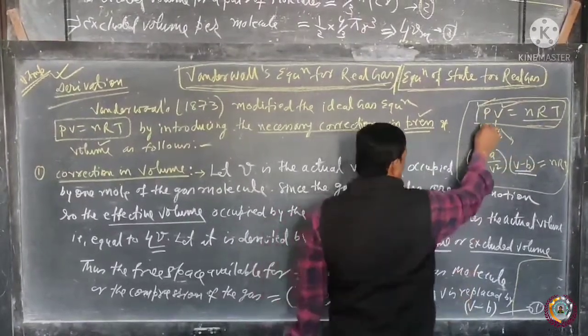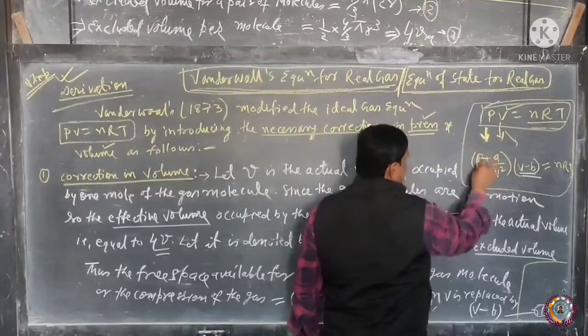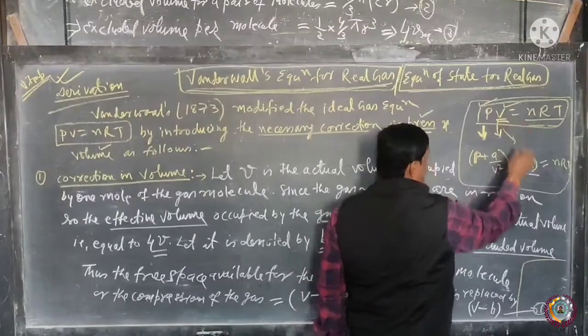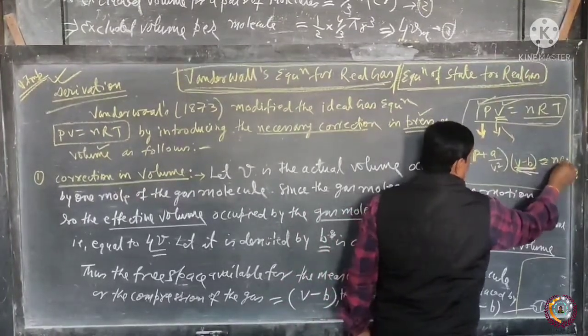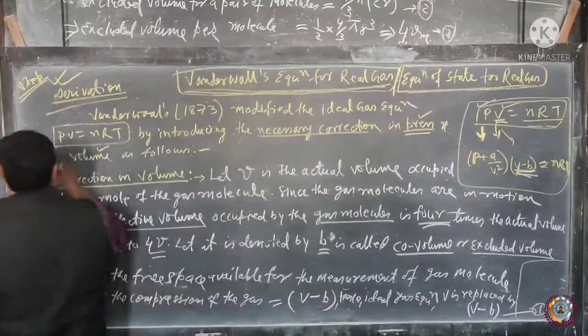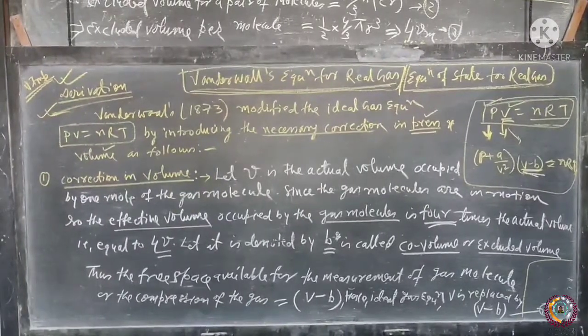In pressure we will see P plus a by V square, and in volume it is V minus b. What the different changes are and what the derivation behind them is has been shown in this topic.